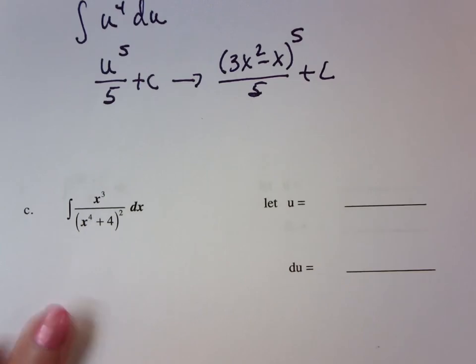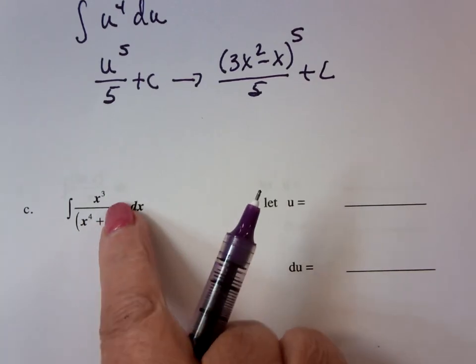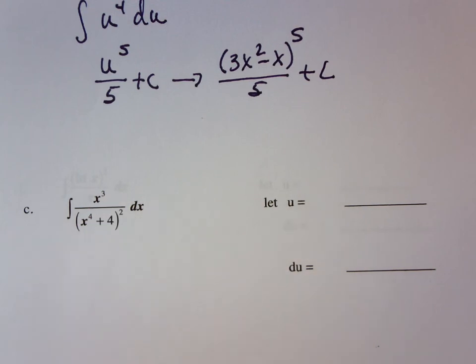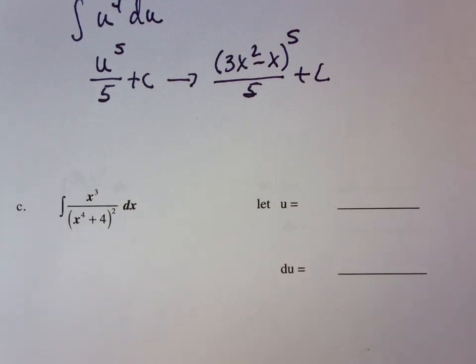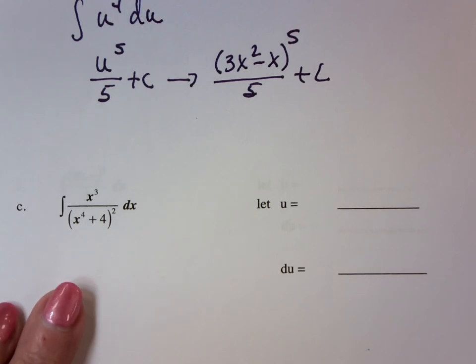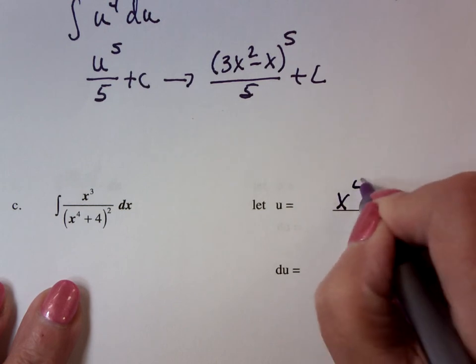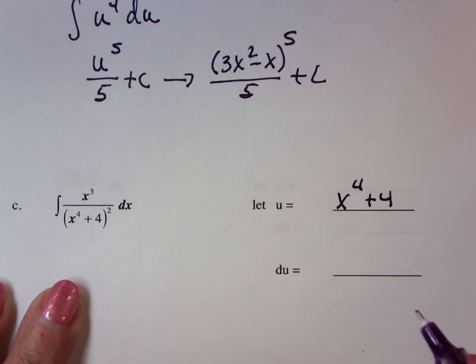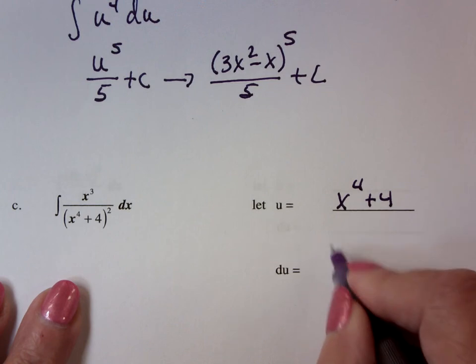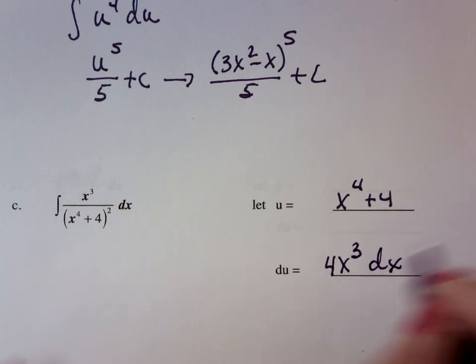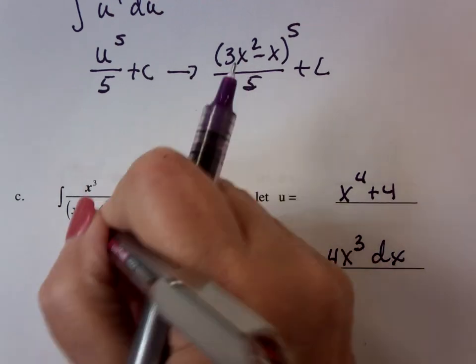Okay, so either the numerator came from the denominator or the denominator came from the numerator. And so which is it? The numerator came from the denominator. So one of the two. So u is that blob, x to the 4th plus 4. So the du is 4x cubed dx. So I start the replacement.